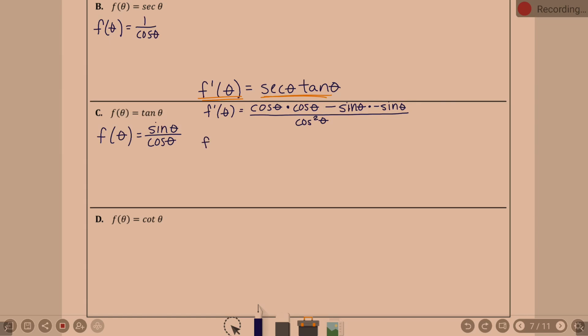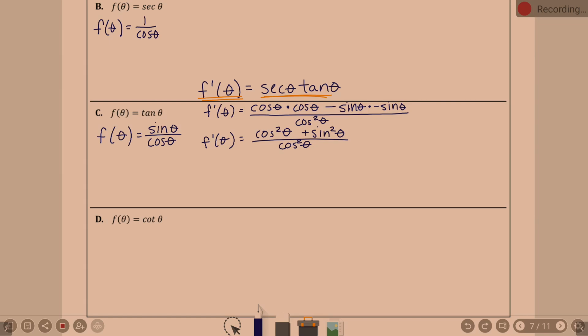Clean it up, and we end up with cosine squared theta plus sine squared theta all over cosine squared theta.